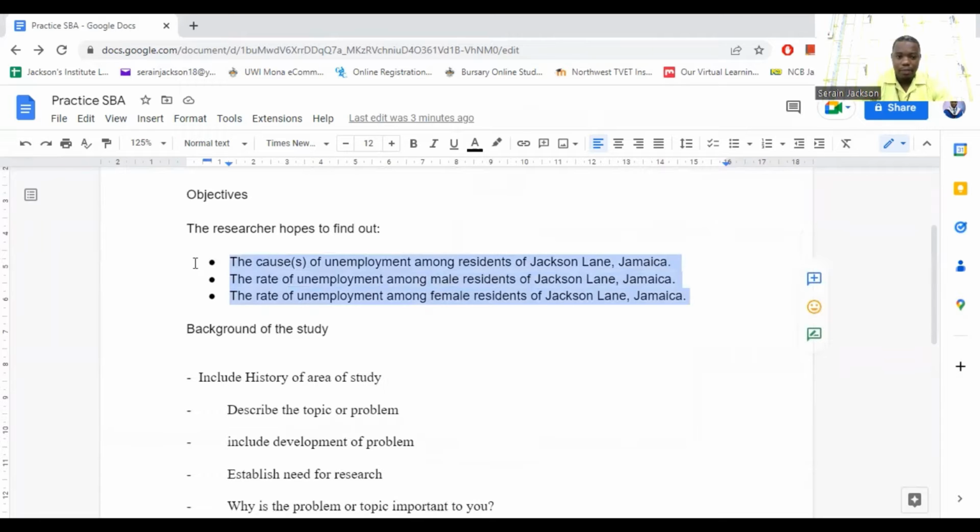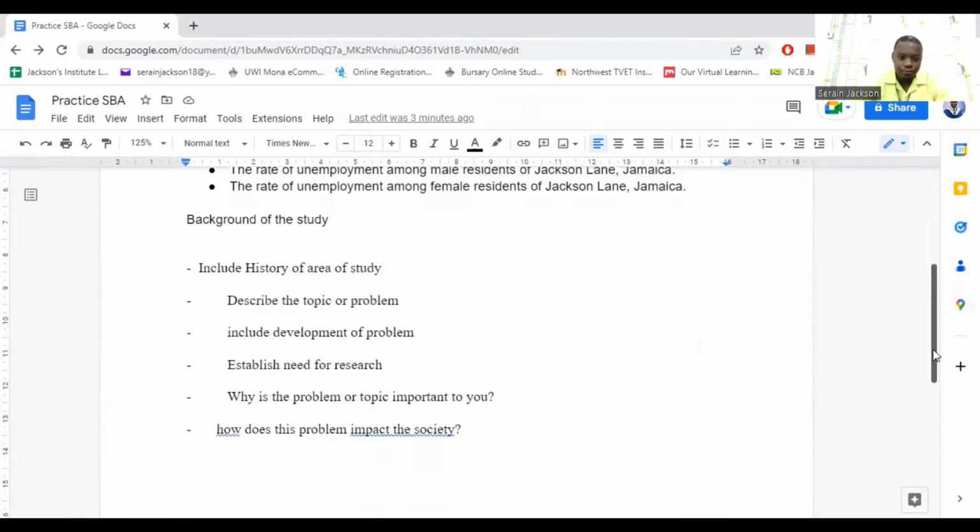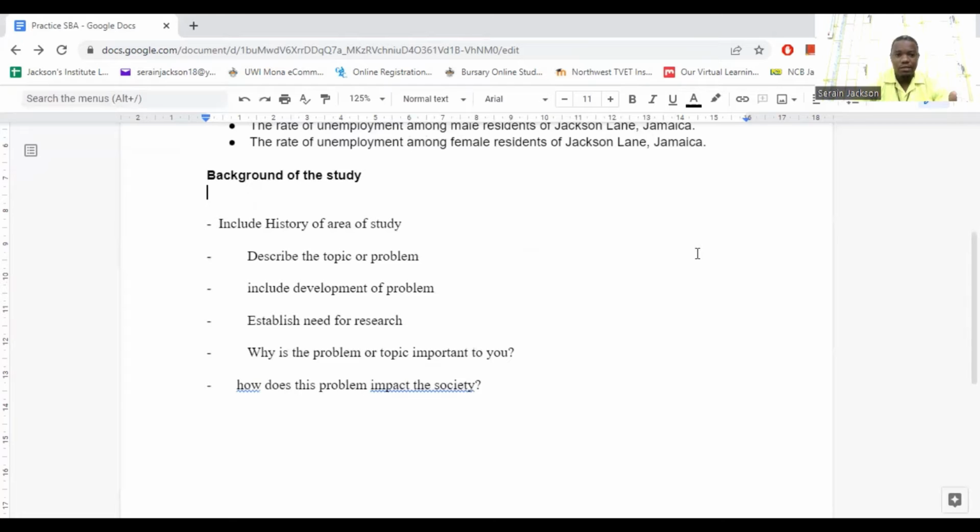I could have had other objectives in relation to unemployment, but these are what I'll be using. The next heading is the background of the study, and as I said before, each heading would come on a separate page. But for demonstration purposes, I am just going to use this right here.